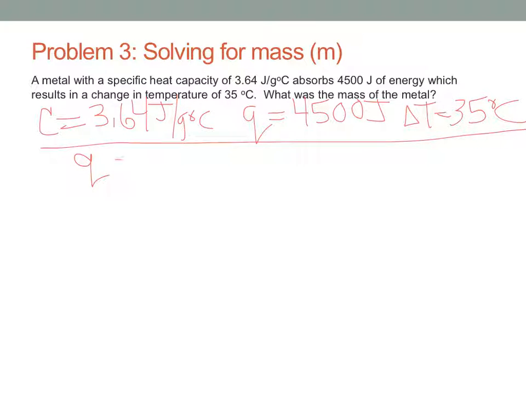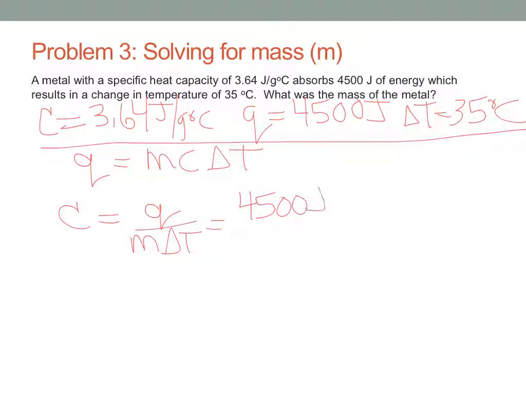So if Q equals mc delta T, C is equal to Q over m delta T, which is equal to 4,500 joules divided by our... wait.